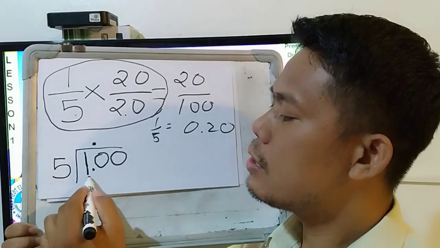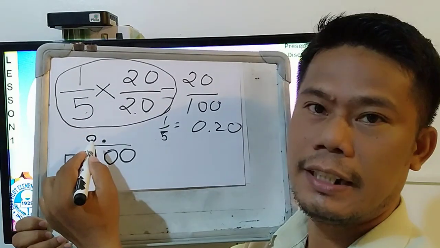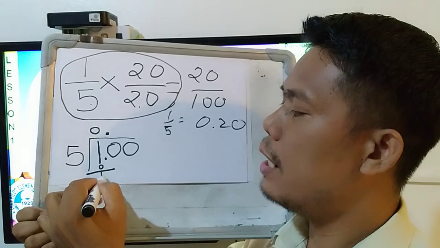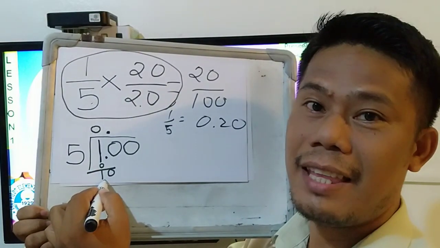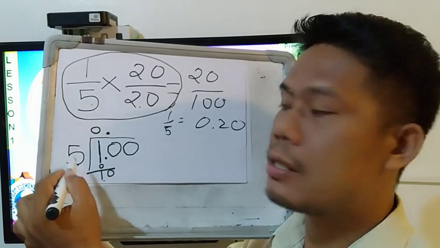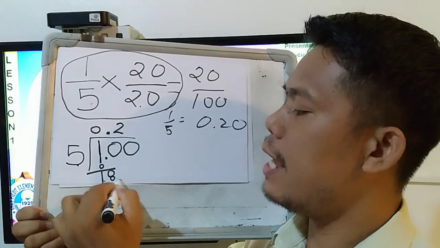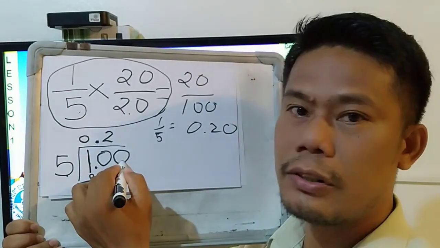Now, you'll start by dividing 1 by 5, the answer is 0. Then 0 times 5 is 0. Then bring down 1, bring down 0. Then we have 10 divided by 5 equals 2. Then 2 times 5 equals 10. So 10 minus 10 equals 0. So we have 0 remaining here.